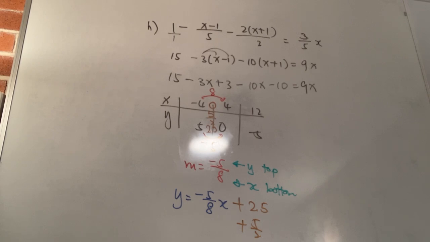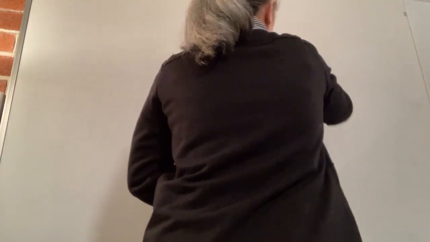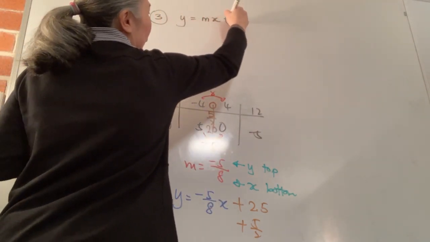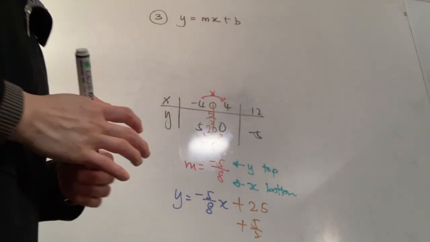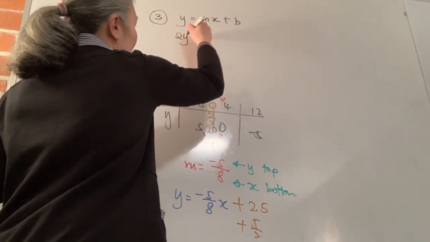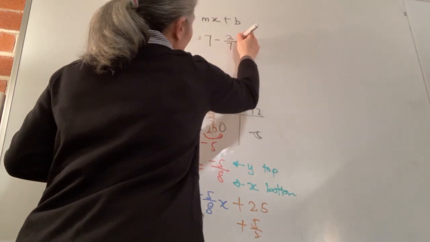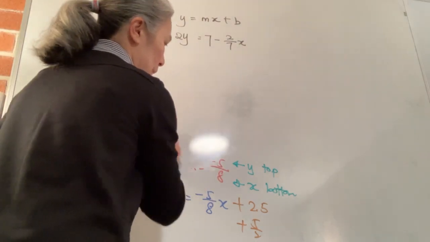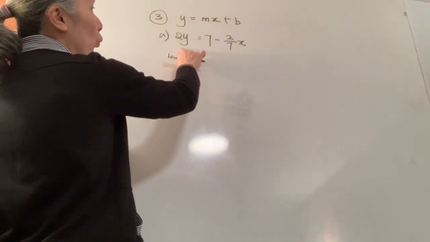Okay, and for question 3, the very first step is rearrange your equations. Rearrange it into y equal to mx plus b form. Make y the subject for each of them. So you can divide it by 2 to each term.